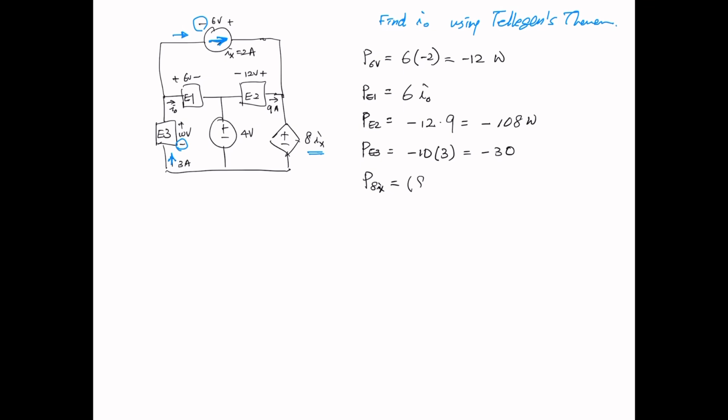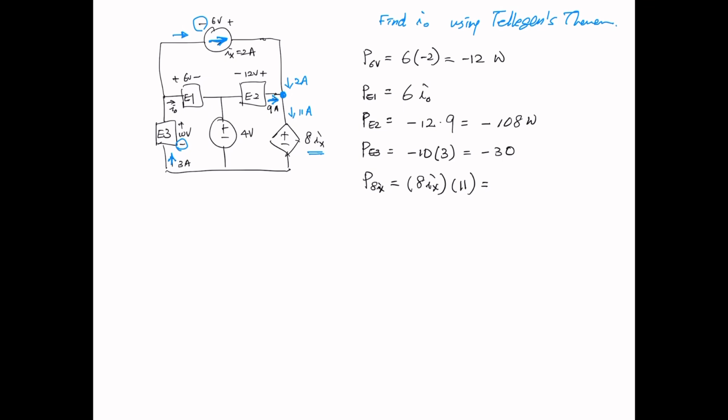The voltage is 8Ix, which is the dependent voltage source, and we multiply by the current. We have a 9 going into here, and then we have a 2 coming into this node. Therefore, we are going to have 11 amps going downward.